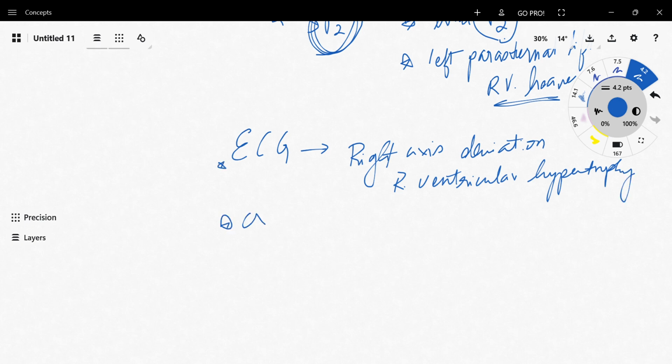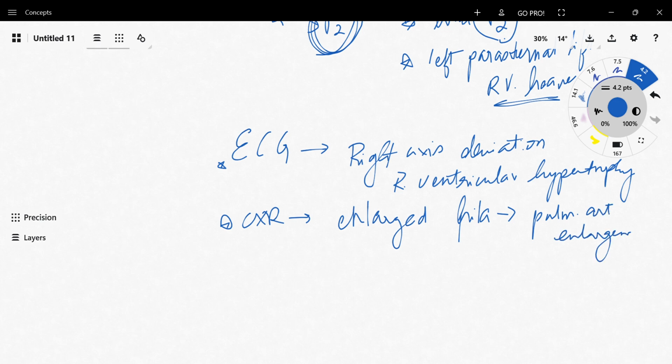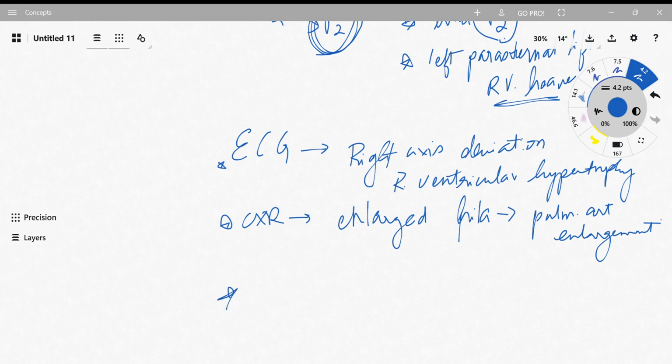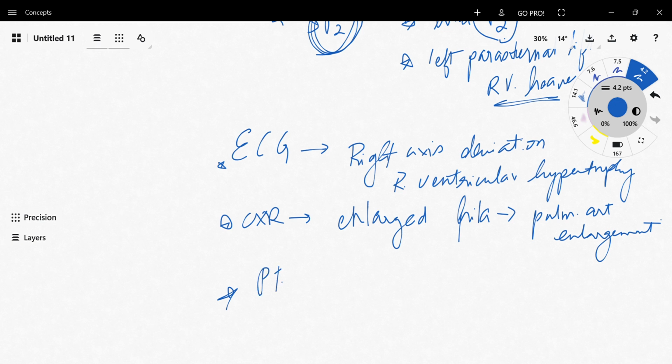And on chest X-ray, you will see enlarged hila because of the pulmonary artery enlargement, right? And when you do a PFT, you're going to see a restrictive picture.